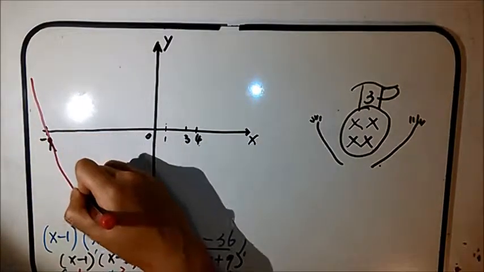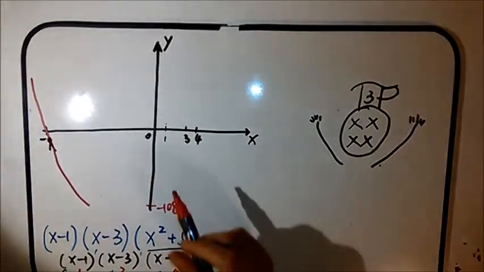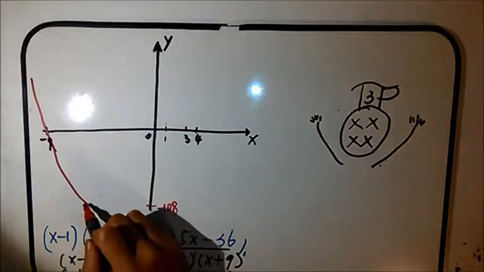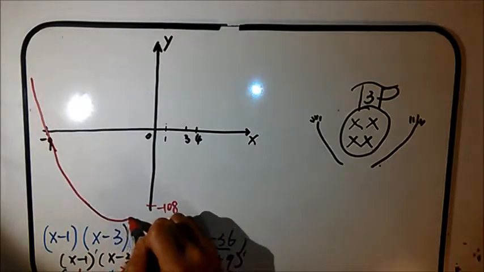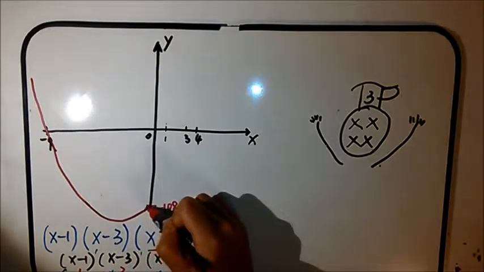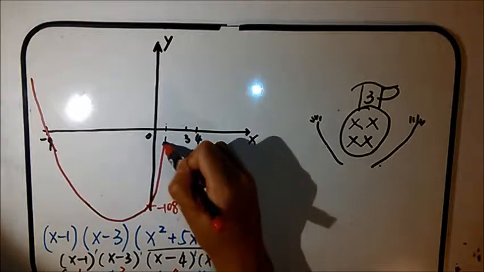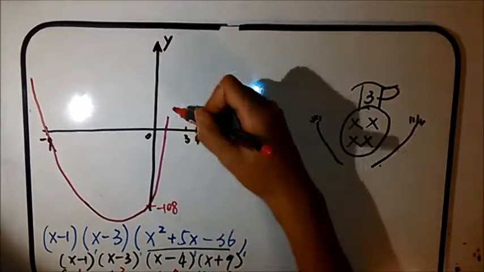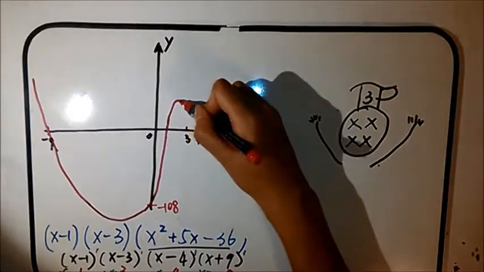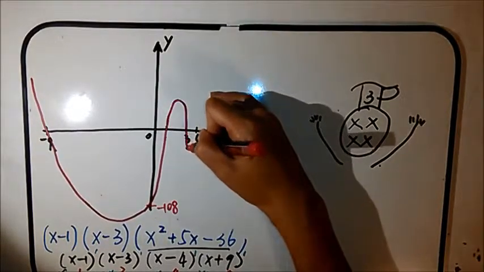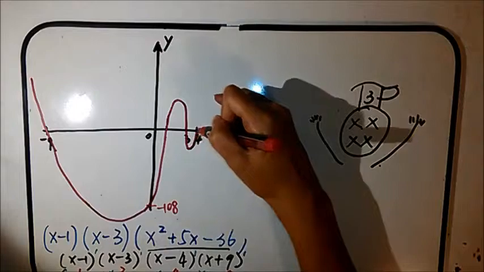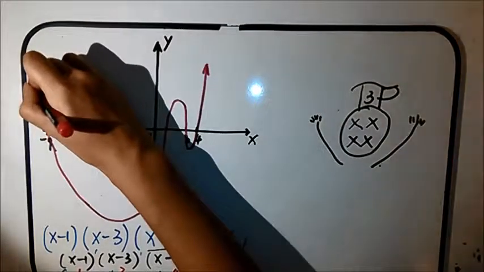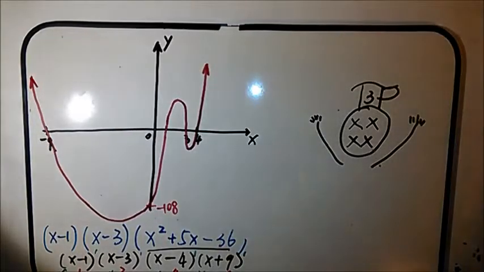So we go to our first magnet, then our second magnet, which will be this y-intercept here. We go to the y-intercept, immediately go to our next magnet, which is 1. We cross over, and we turn around to the next magnet, which is 3. Then we cross over again and go to the next magnet, which is 4, and we end up going all the way up. And that's how our graph should look.